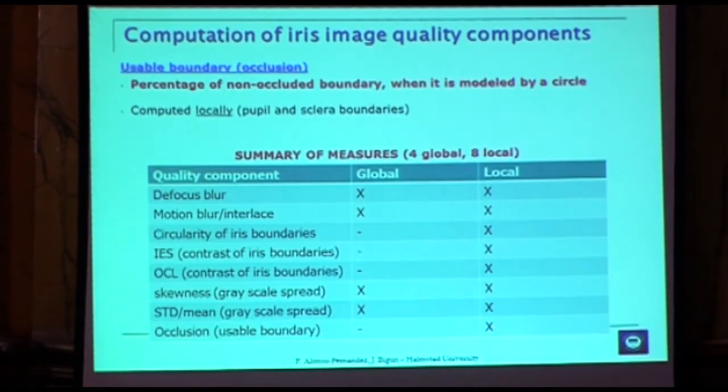If the iris segmentation algorithm does not assume a circular model, then this measure is obviously irrelevant. Correct? Yeah. So they're really algorithm dependent. Yeah, of course. What I mean is that maybe we can combine them in some way, because you can have one perturbation and maybe not the other at the same time. This is what I mean.